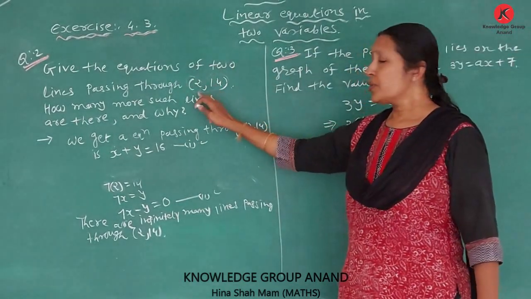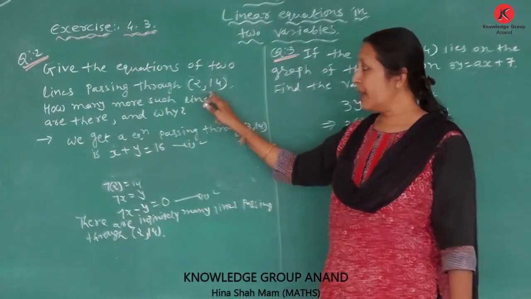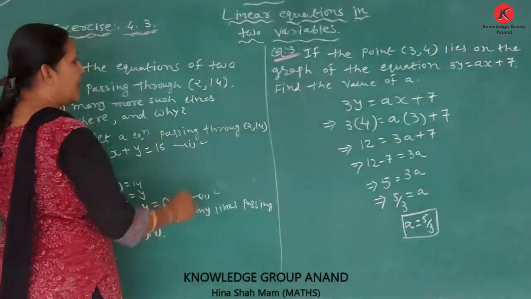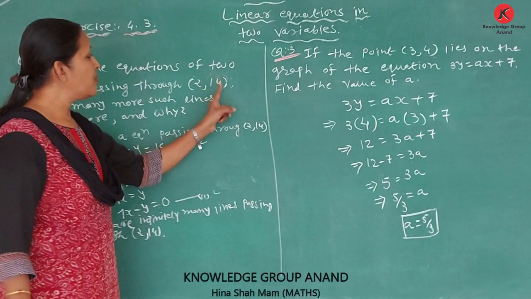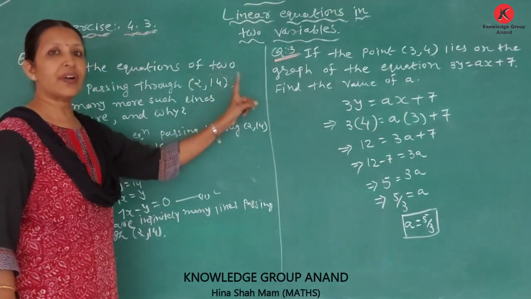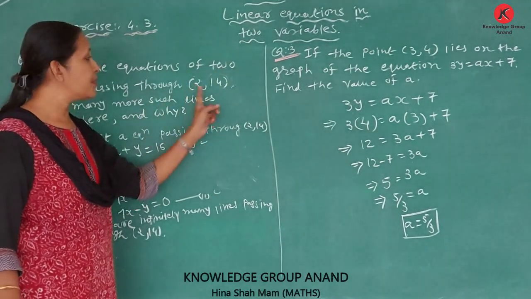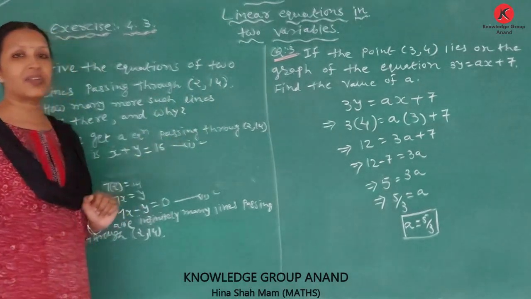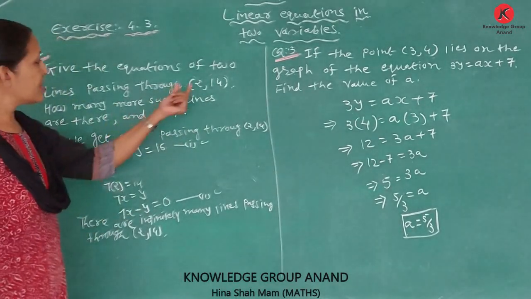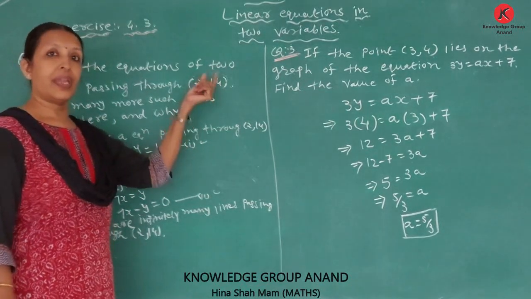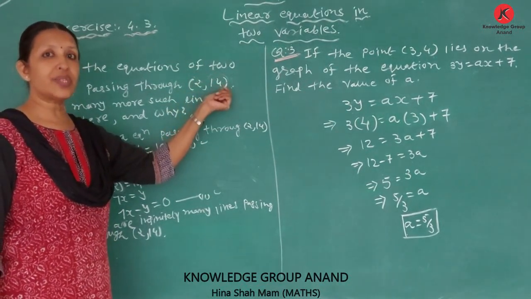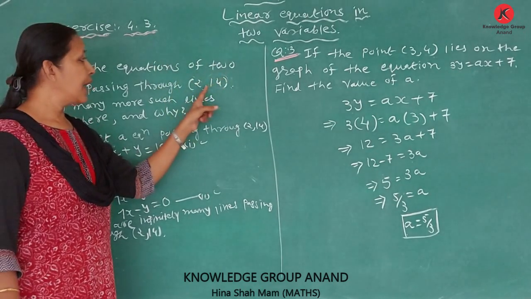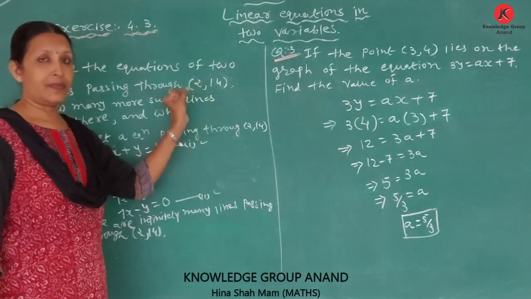Question 2: give two equations. We are clear that x is equal to 2, y is equal to 14, so x plus y is equal to 2 plus 14, therefore 16. The first equation is x plus y is equal to 16. What is the relation between x and y? x is equal to 2 and y is equal to 14, y is 7 times x.